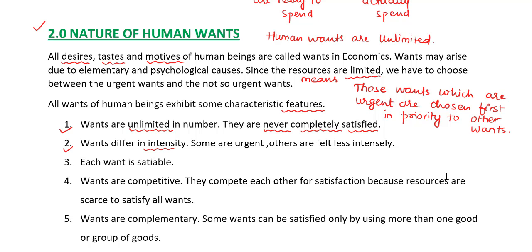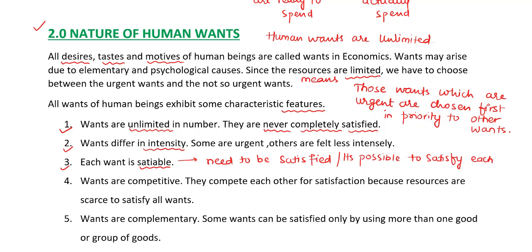Wants differ in intensity. So some wants are intense wants and some wants you can delay for the near future. Each want is satiable, that is, it is possible to satisfy each want.